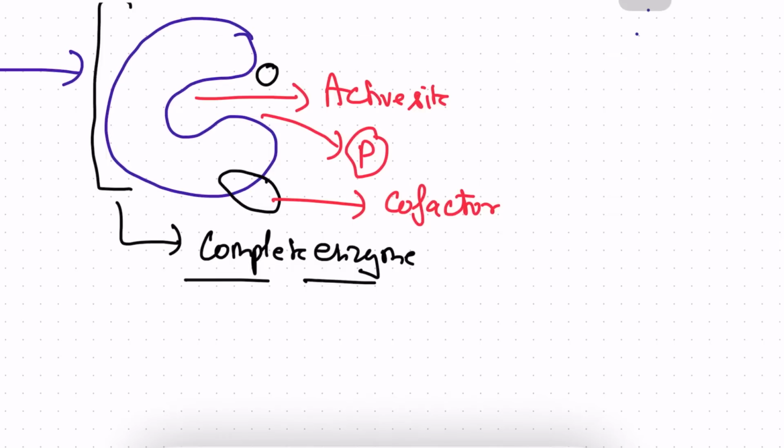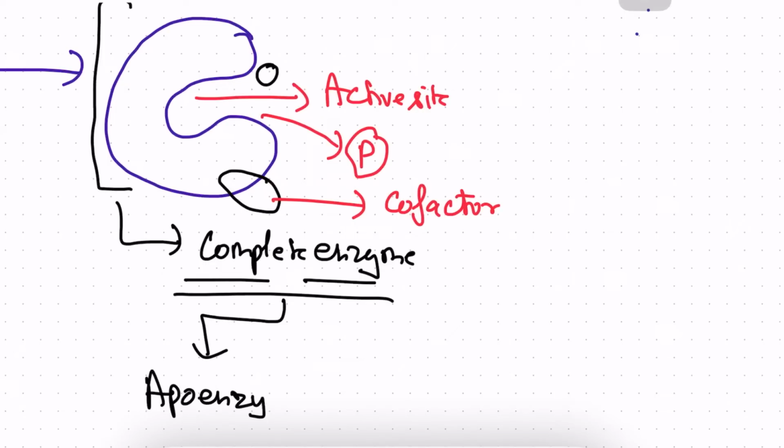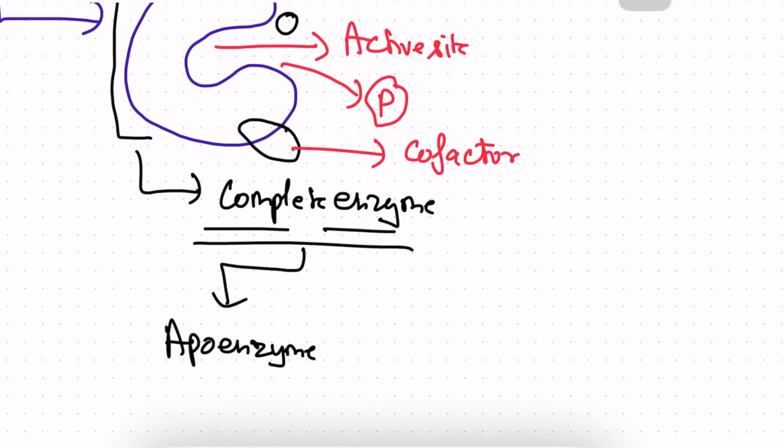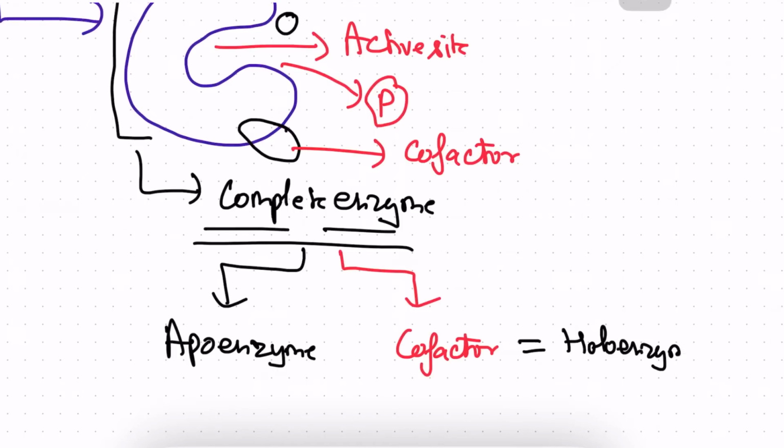Now here you can see the complete enzyme is made up of two components. One is the proteinous part, that is known as apoenzyme. So apoenzyme plus cofactor is going to make the complete enzyme, that is holoenzyme.